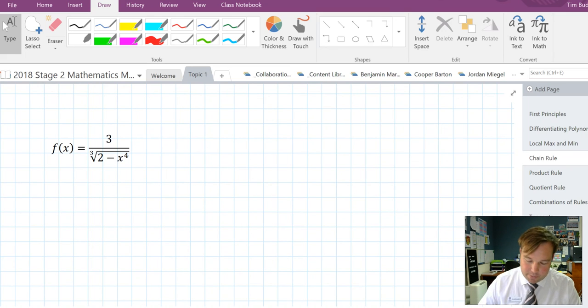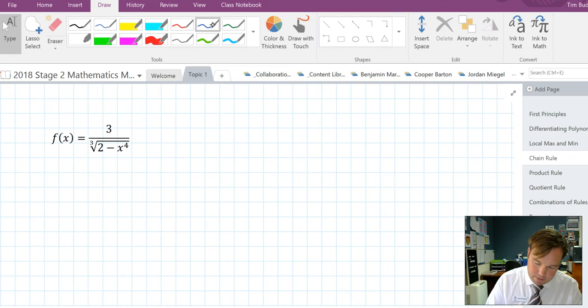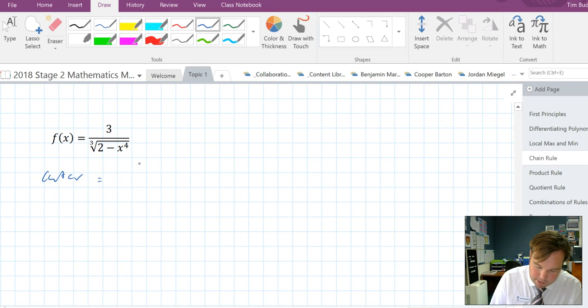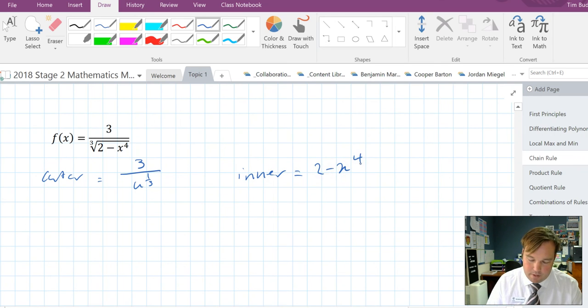Alright, here's a harder one. The outer function is going to be equal to 3 over u to the third, and the inner is going to be equal to 2 take x to the 4. Alright, and remember that's 3u to the minus a third.